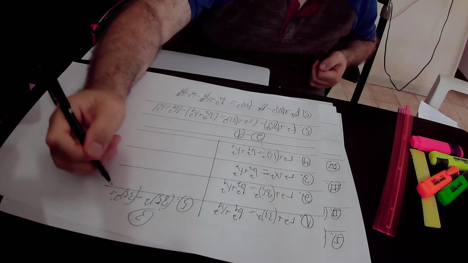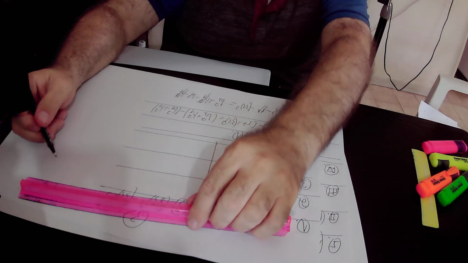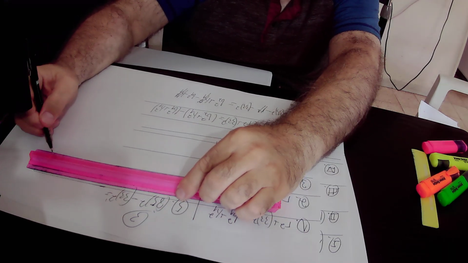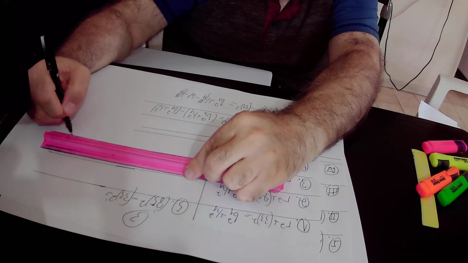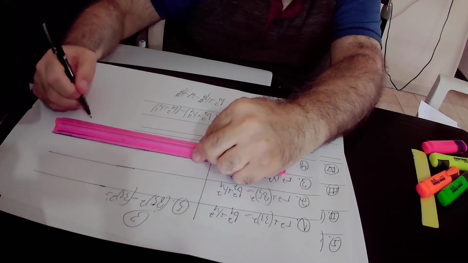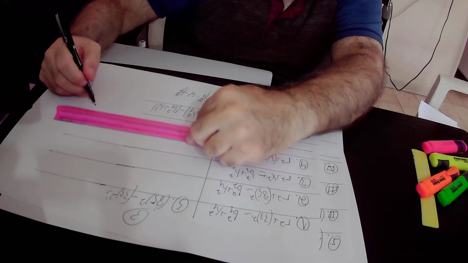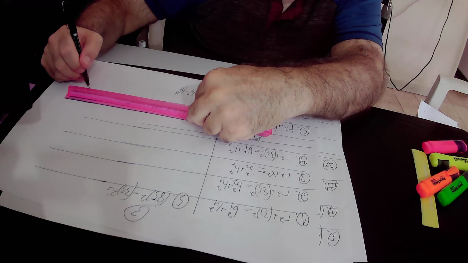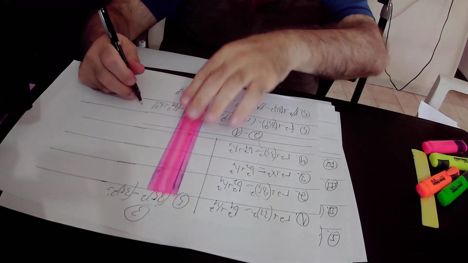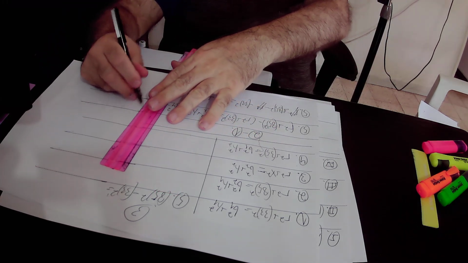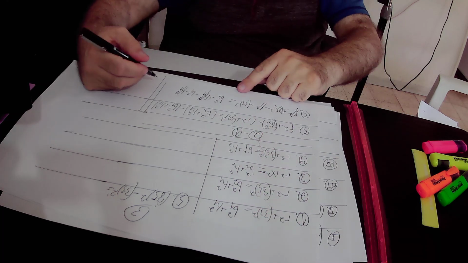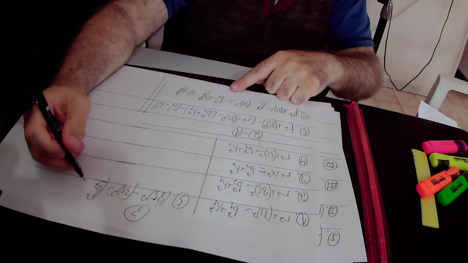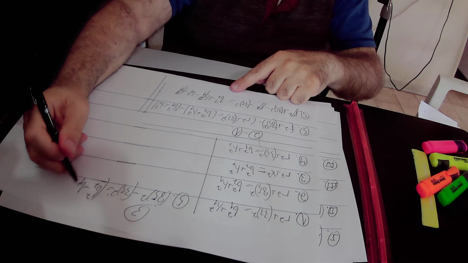On the other side of equation number 5 we are left only with B2 squared minus B1 squared.